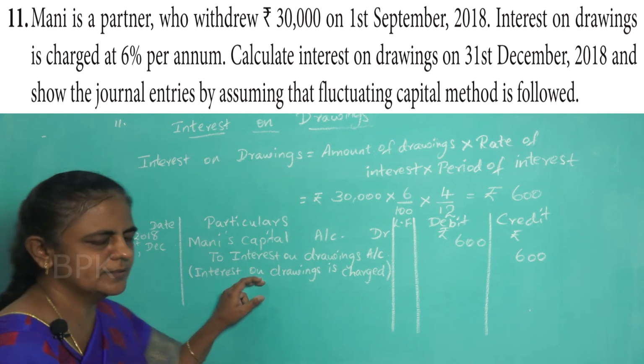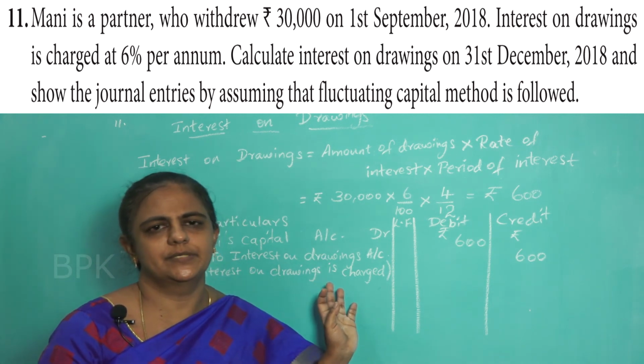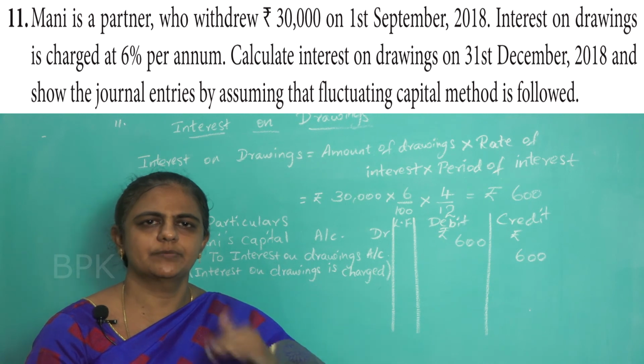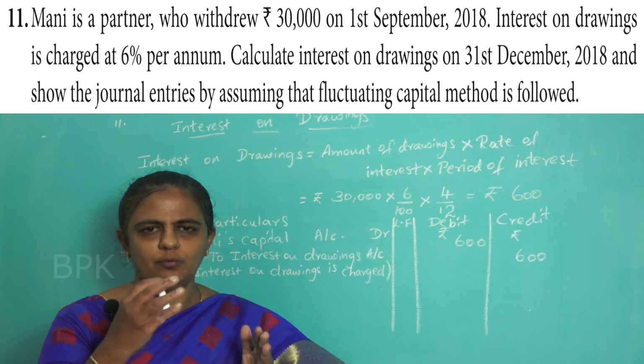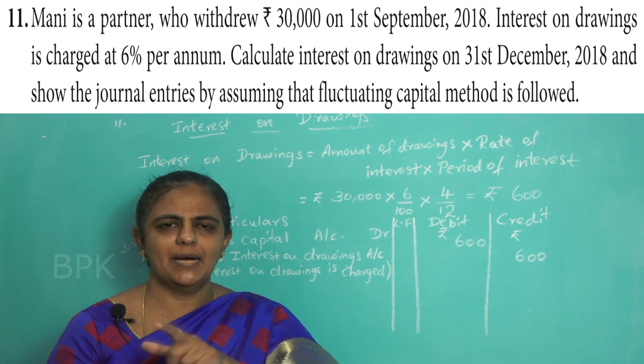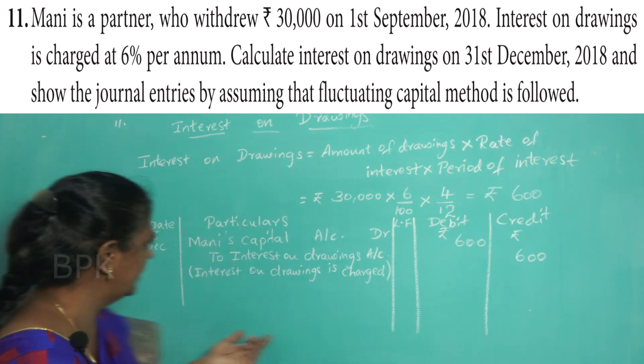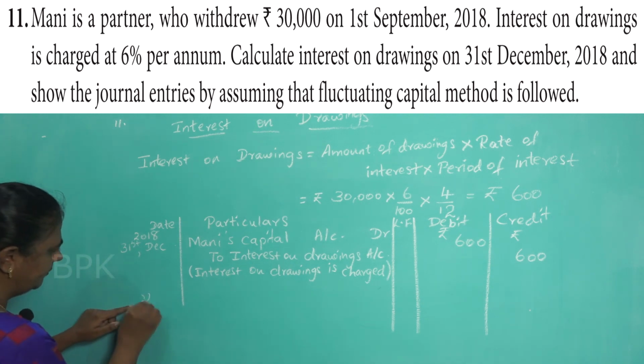After this interest on drawing should be transferred. It should be closed. What do you have to do? You have to transfer to profit and loss appropriation account. So when you go to the profit and loss appropriation account, what do you have to do? You have to put it on the credit side. By interest on drawings. So what is the journal for that? Put the same date.